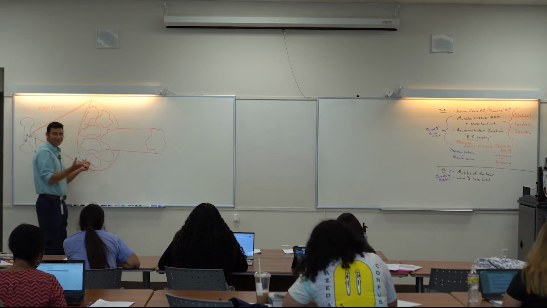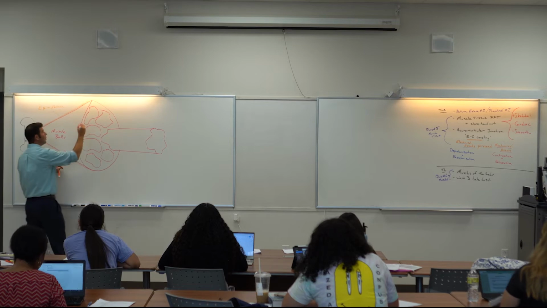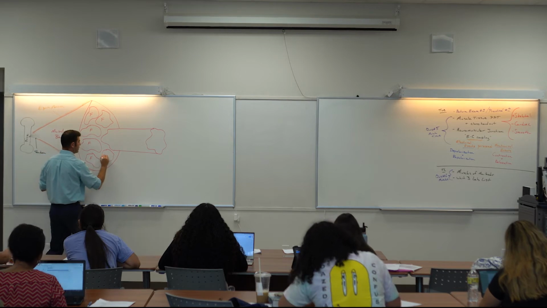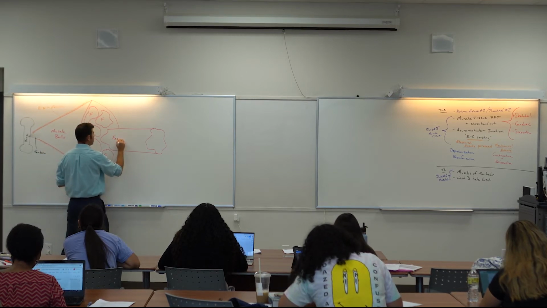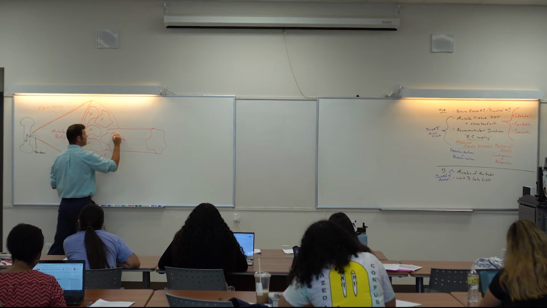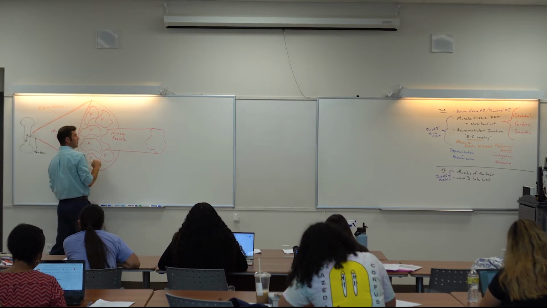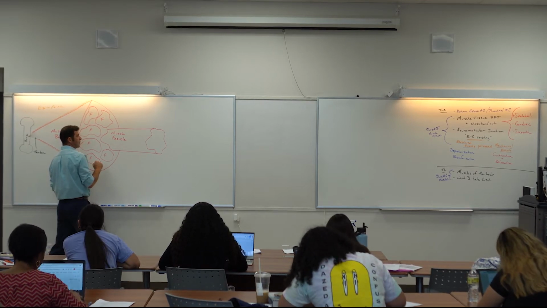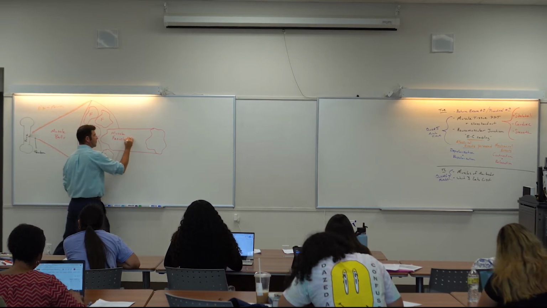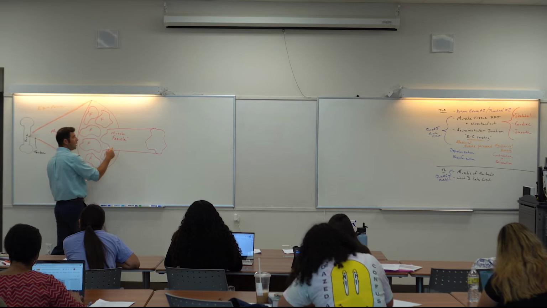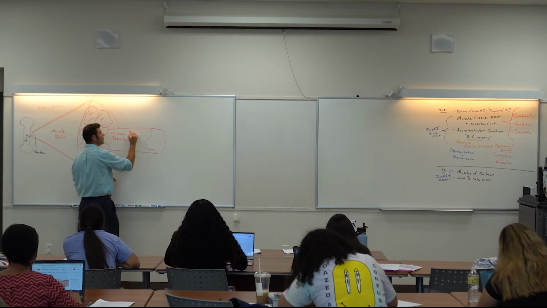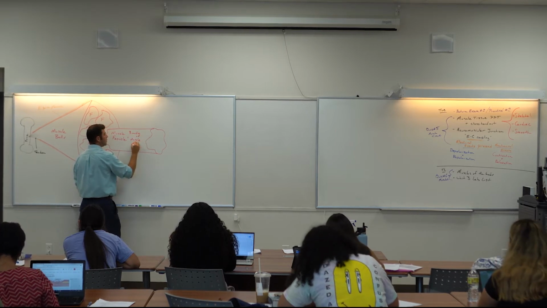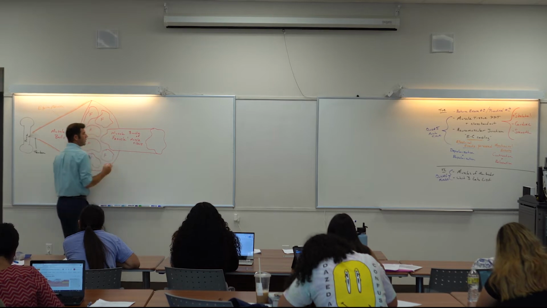I'm just going to label each one of these things with an F. This is what we call a muscle fascicle. A muscle fascicle is going to be a bundle of muscle fibers.